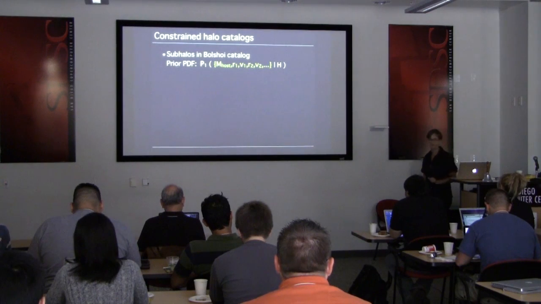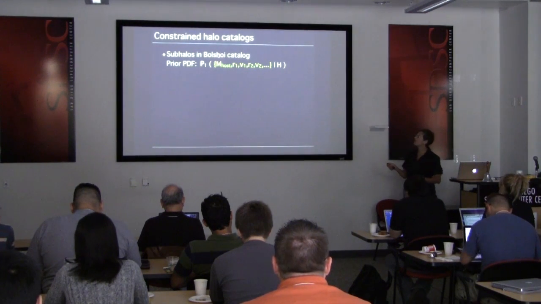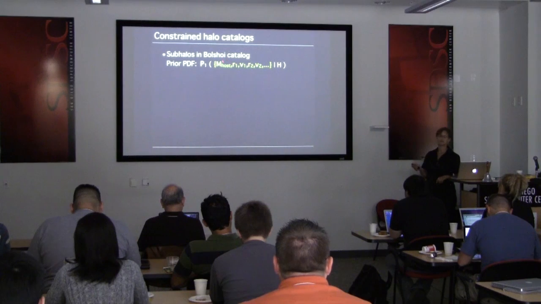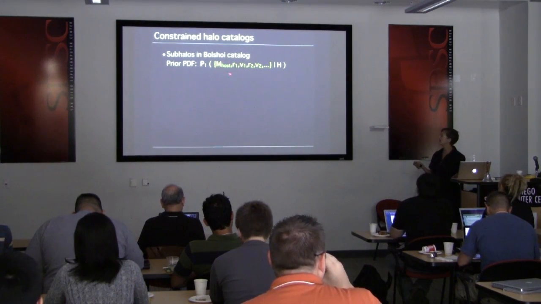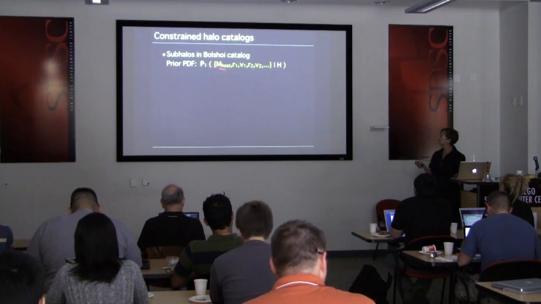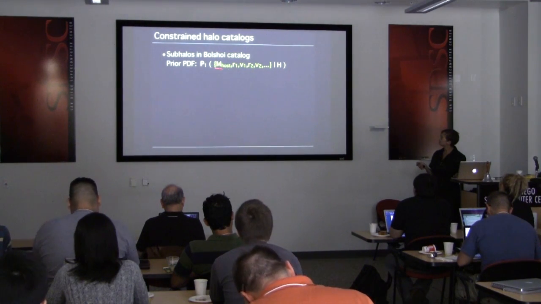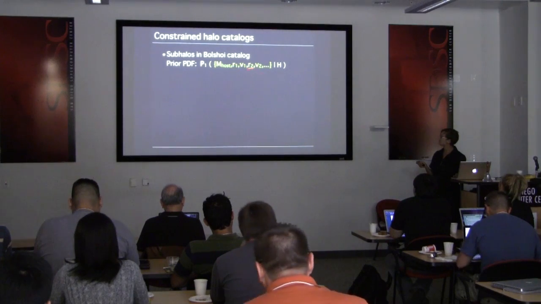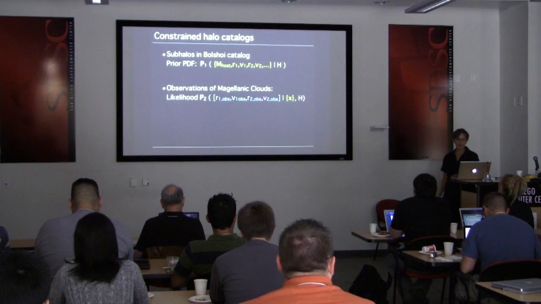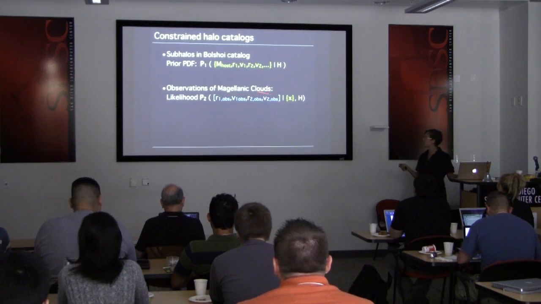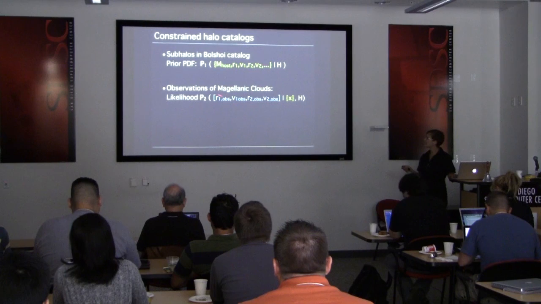Okay? In this specific case that I'm talking about, we've got subhalos in the Bolshoi halo catalog, okay? And that's got some probability density function of the mass, the radius, the velocities of the two satellites. And then you've got some observations of the Magellanic Clouds, okay?